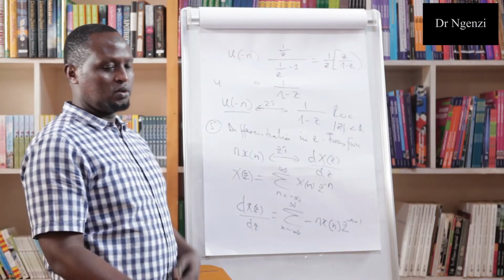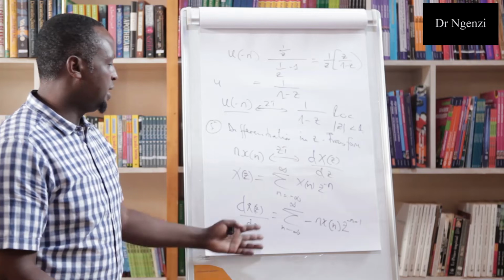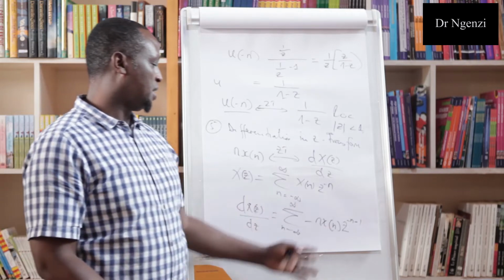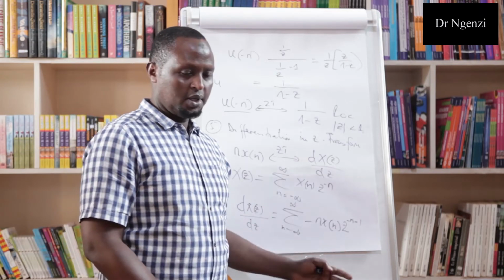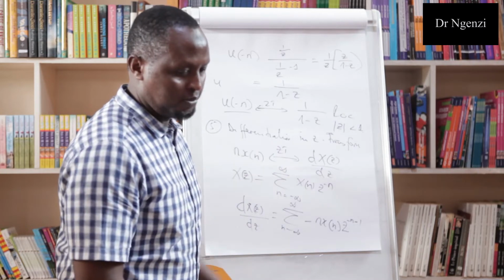So now we are going to multiply both sides by z to get rid of the extra z, I mean to get the pure z.